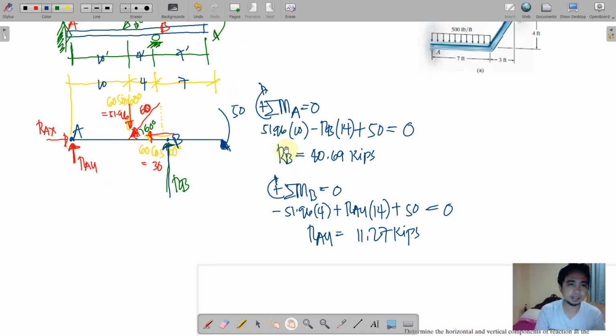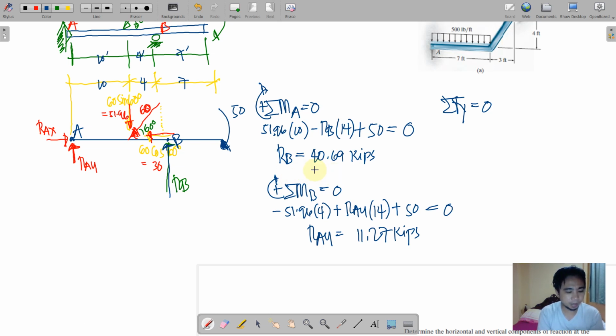So our check mechanism is the other equation, that is summation forces Y is equal to 0. Have we satisfied this one? So basically, itong dalawang to, RAY and RB is going upwards.